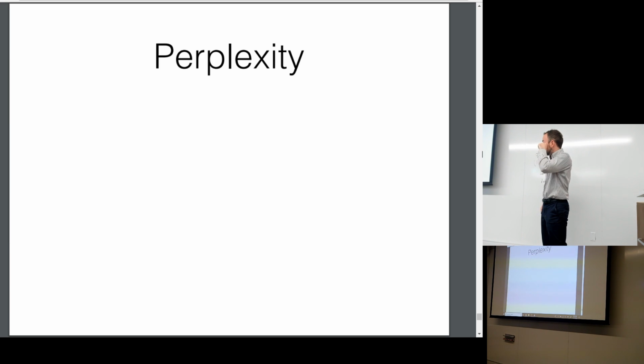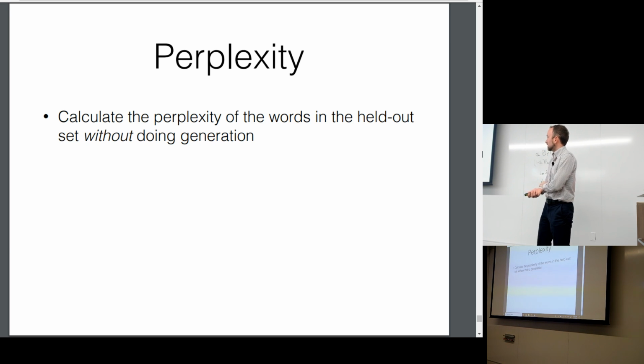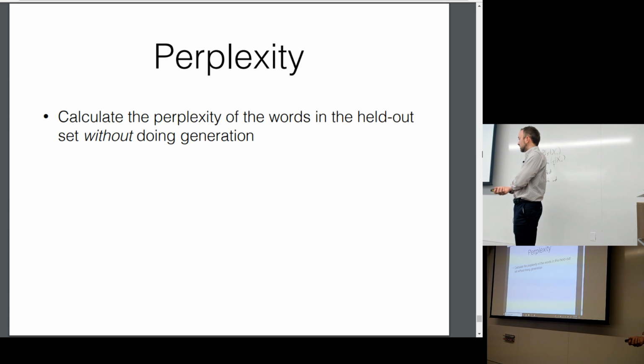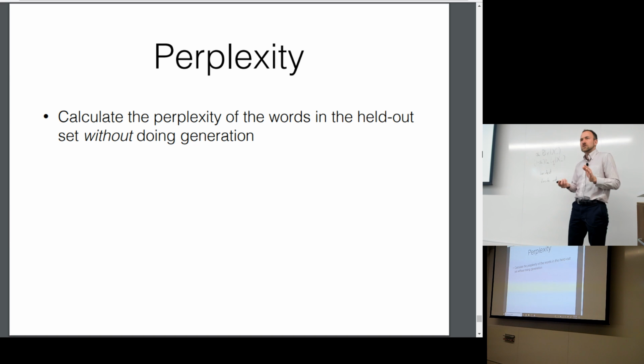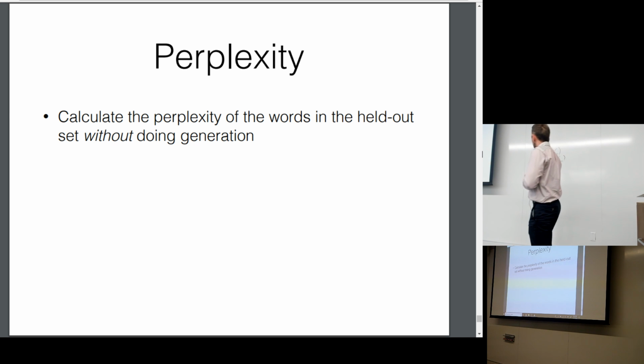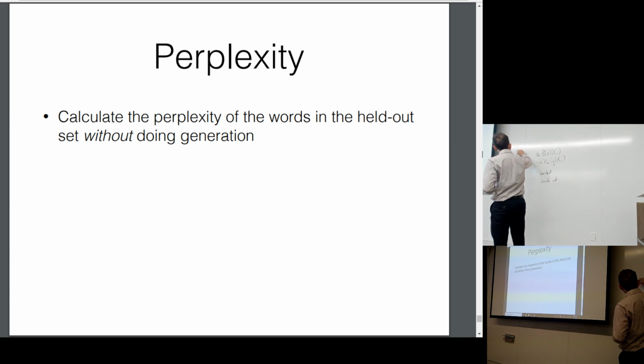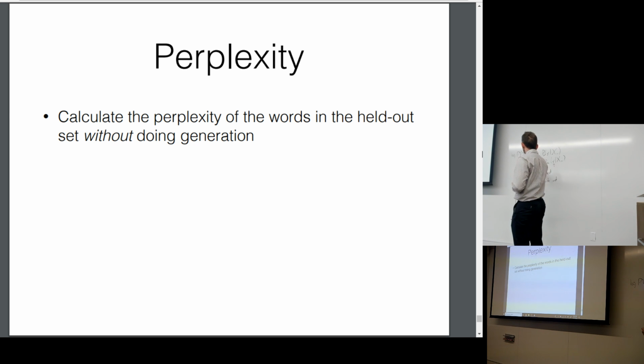Another thing is you can also measure using perplexity. Are people familiar with this? Did you cover this already, or no? No? Okay. So perplexity: you have a held out test set, and you calculate the log probability of the output given the input on the held out test set.